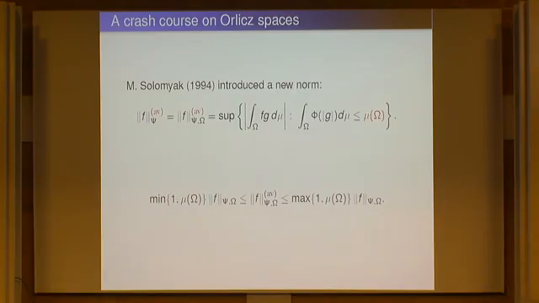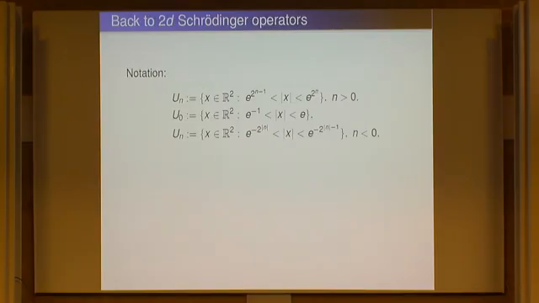So this is what I wanted to say about Orlicz norms, and I think this is the most technical part. What we will need to do is the estimate, which traditionally comes from subdividing R2 into circular annuli, but there are two families of those.